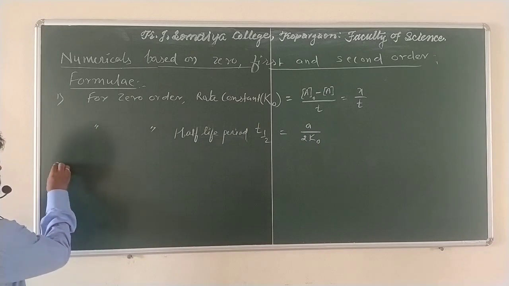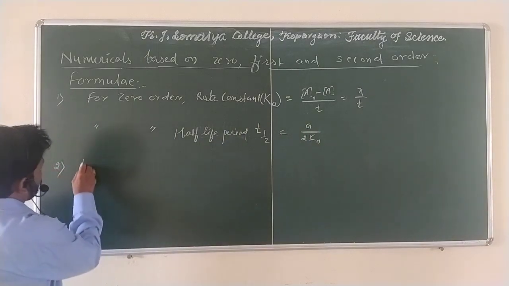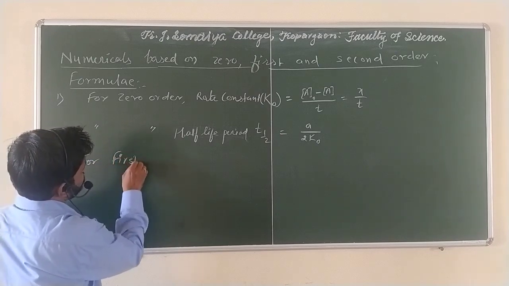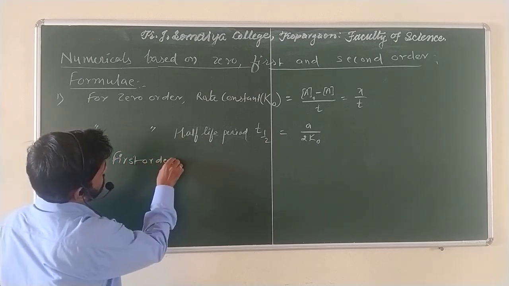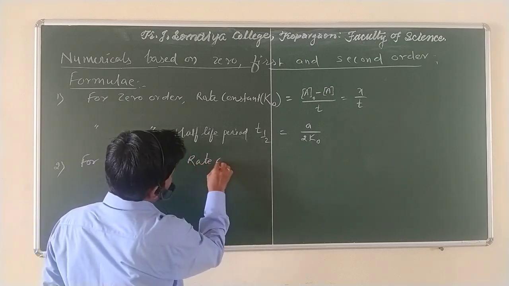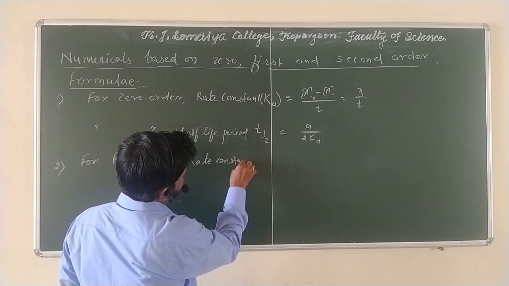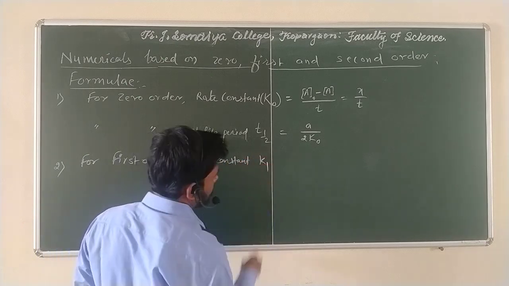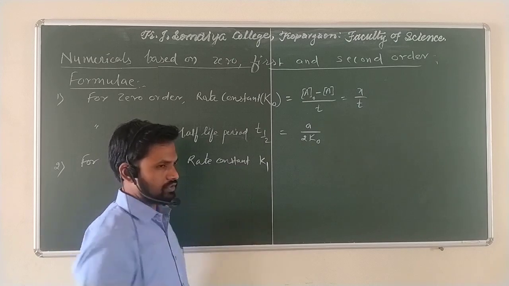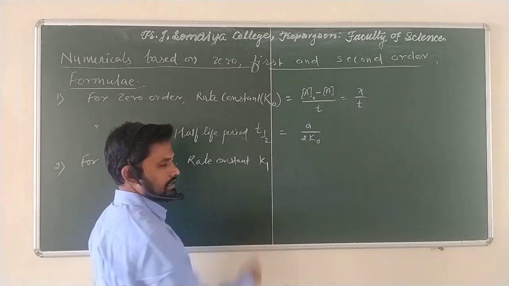Now let's go for first order reaction. For first order reaction, what is the rate constant? Yes, K1. The rate constant for first order, how can it be denoted?